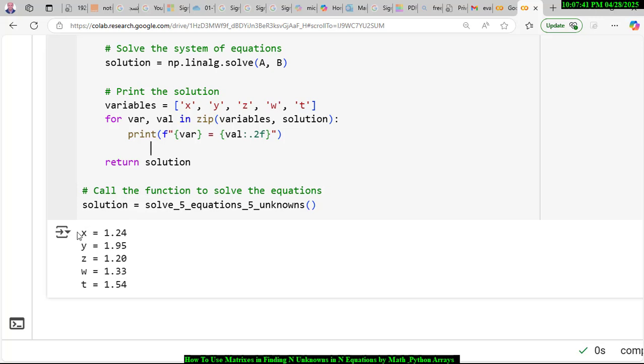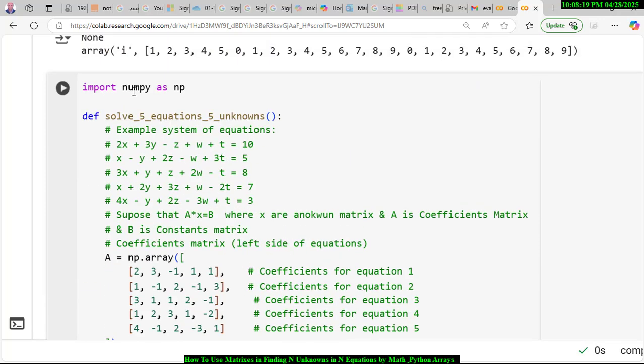If you print none here, let's put a hashtag and use none instead of solution, because actually it printed the solutions, the variables' values. So none, and run here, and let's check what will happen.